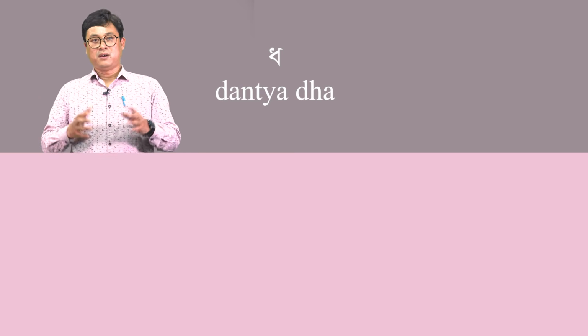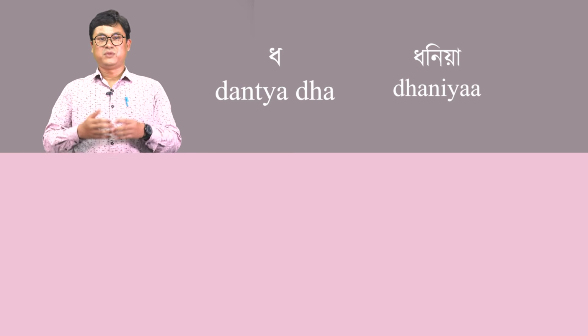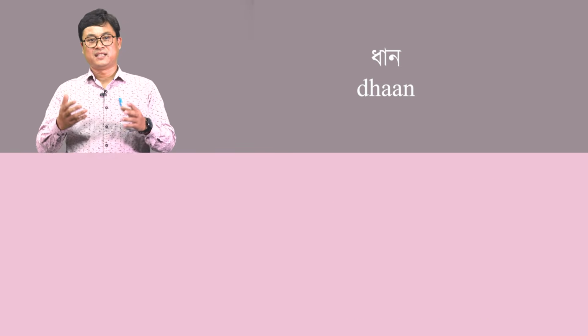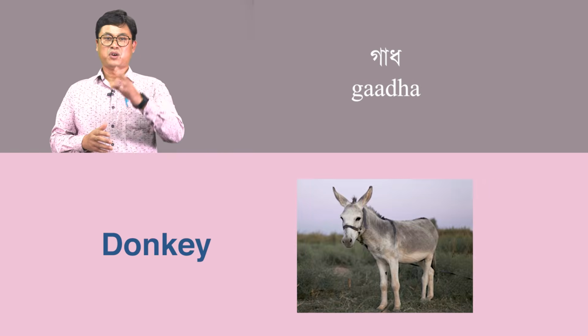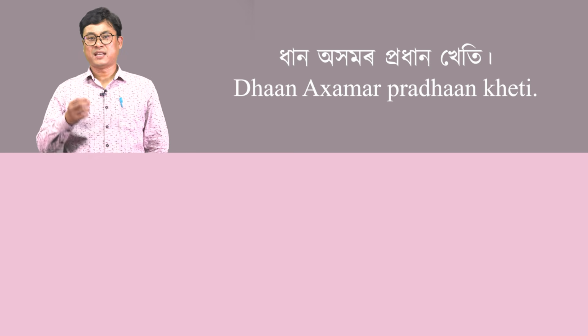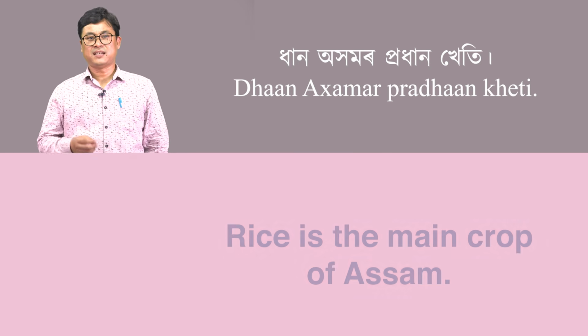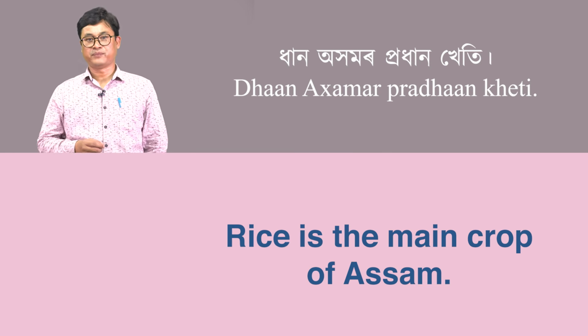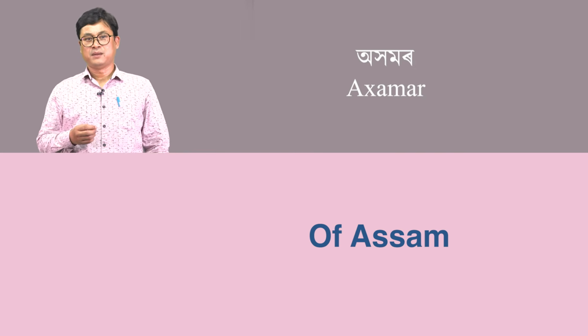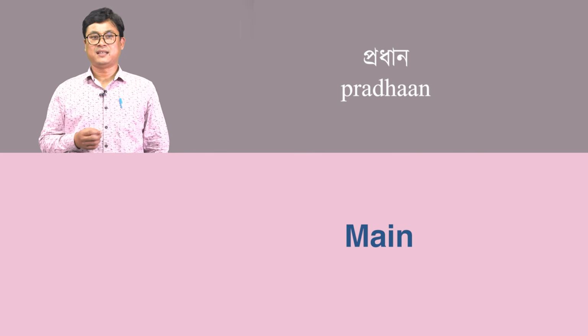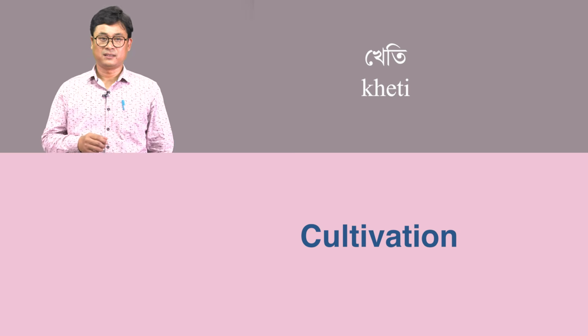Dontya dho. Dho for dhania, which means coriander. Dhan, that means paddy, and gadho, which means donkey. With one of these words, we can frame the sentence Dhan Ochomor Pradhan Kheti, which means rice is the main crop of Assam. Here, Ochomor means of Assam, Pradhan means main, and Kheti means cultivation.